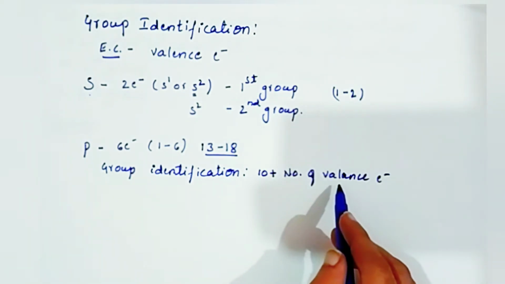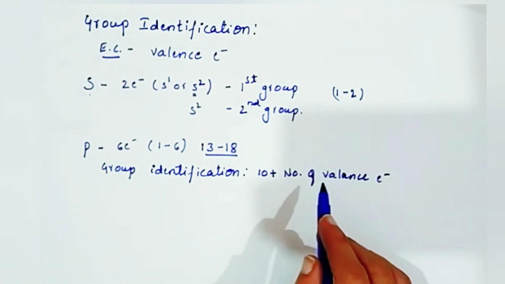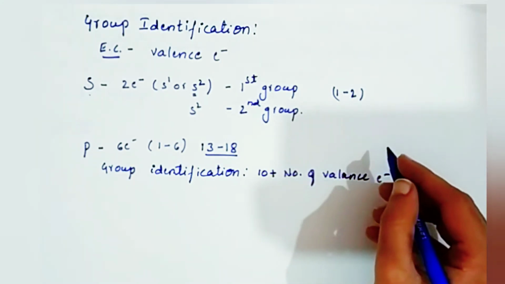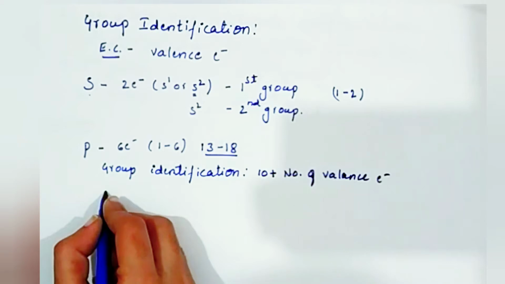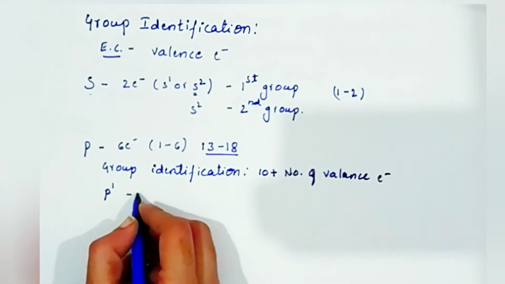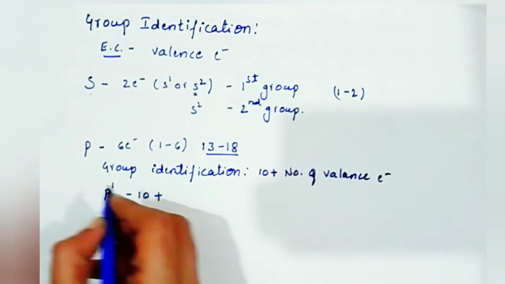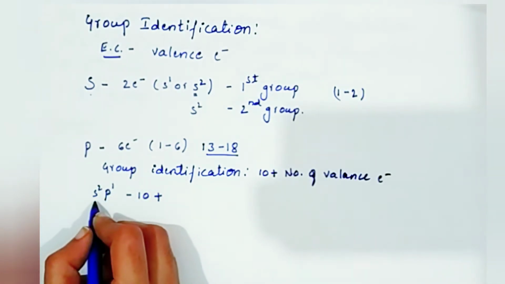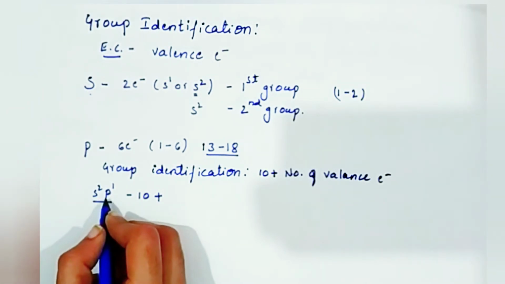So let us consider the first case, that is p1 configuration. Which group does it belong to? Here it is 10 plus 3, because here it is s2 configuration.